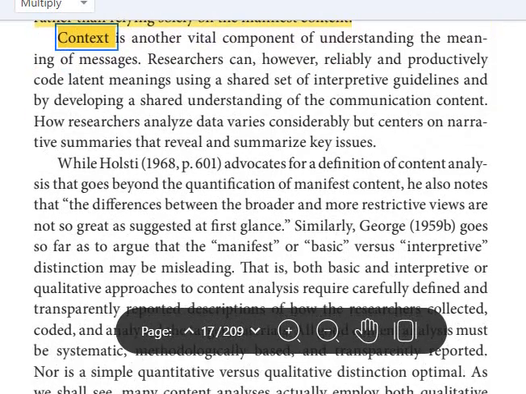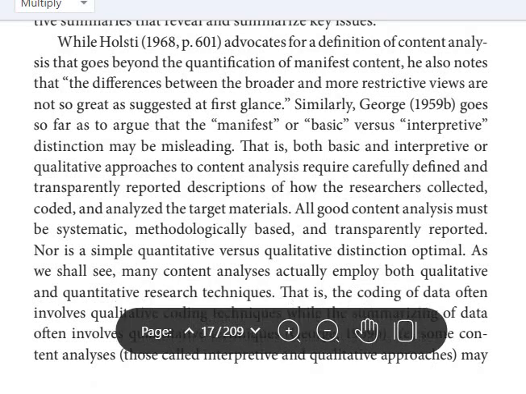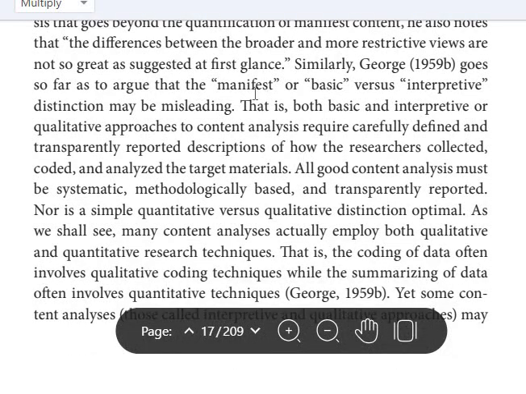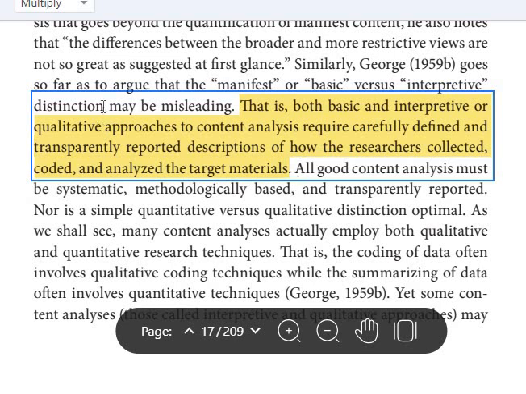Both basic and interpretive or qualitative approaches to content analysis require carefully defined and transparently reported descriptions of how the researchers collected, coded, and analyzed the target materials.